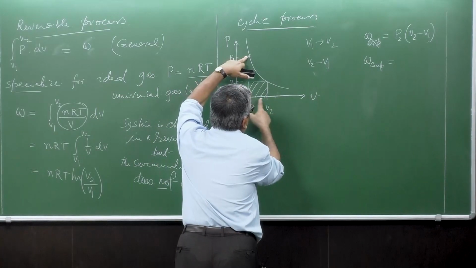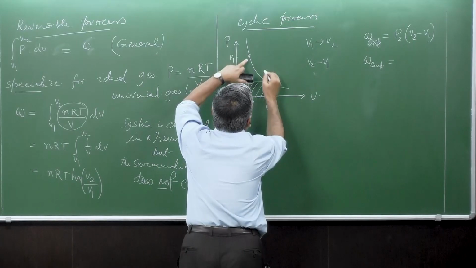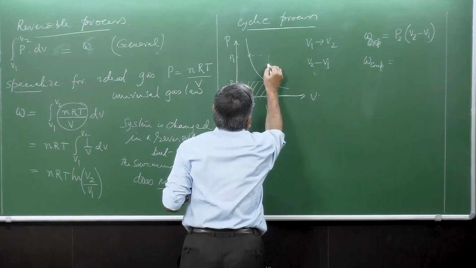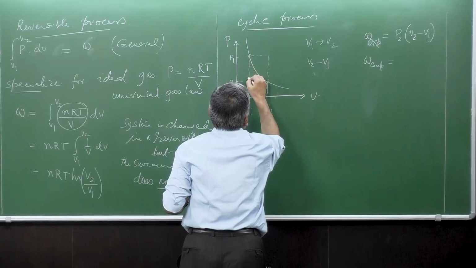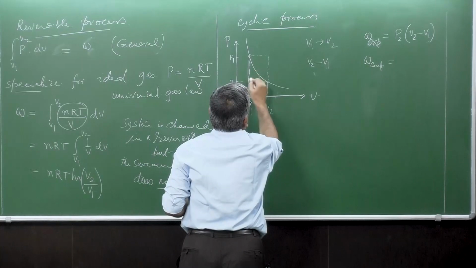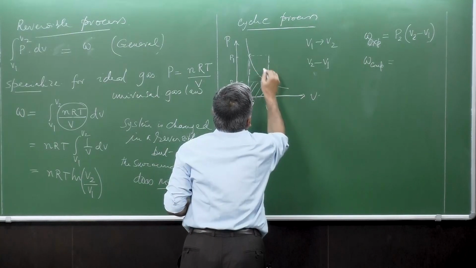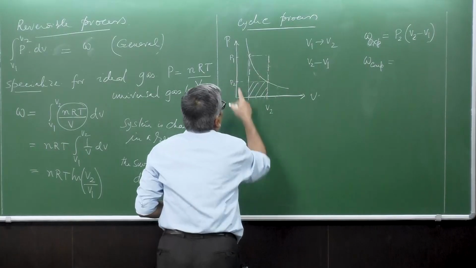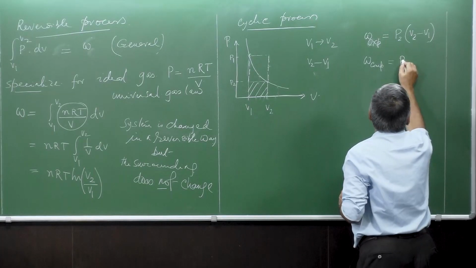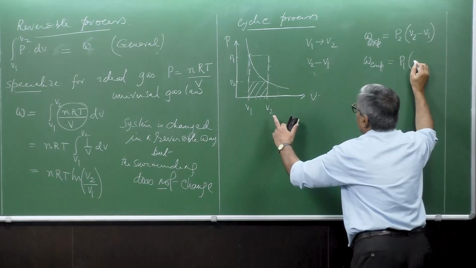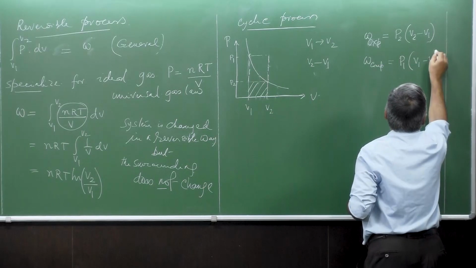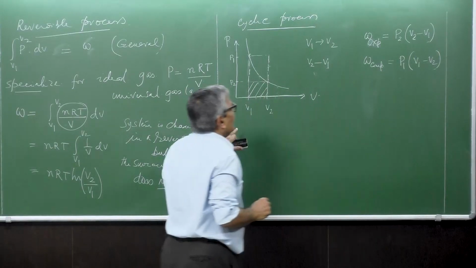Once I have gone through the expansion, I choose the pressure P1, and I go from V2 to V1, so the volume change is V1 minus V2. This is my work of compression.